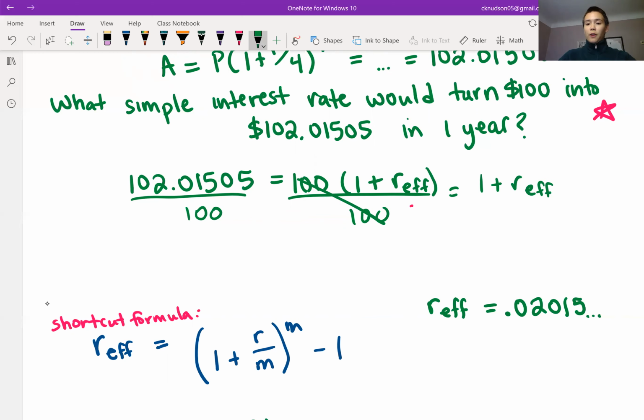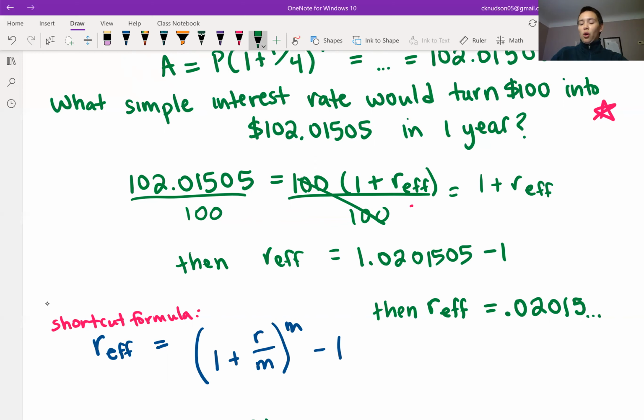To solve for the effective rate from here, we need to subtract 1 from both sides. So the effective rate is 1.0201505 minus 1. In other words, the effective rate is 0.02015. There are some more decimals there, but we'll just stop there. Okay, so that is how we can calculate our effective rate.